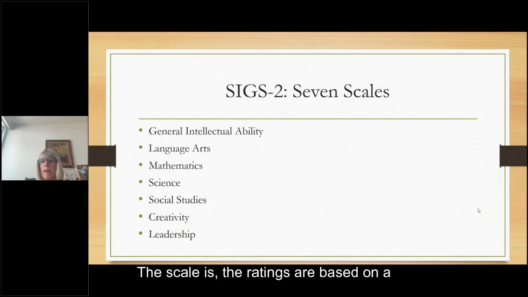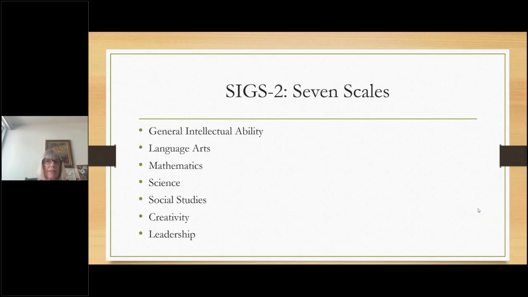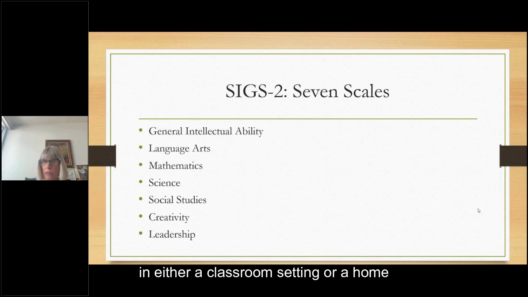The ratings are based on a 0 to 4 scale, from 0 being never and 4 being much more. Well, what does that mean? What you're doing as a rater is you're comparing each item. Remember, the items reflect strength. They reflect behaviors that you can observe in either a classroom setting or a home setting in these 7 areas.